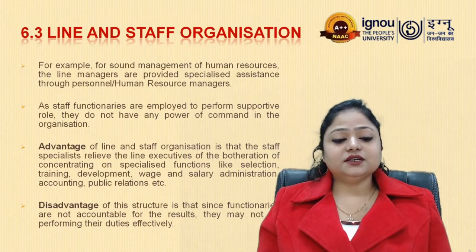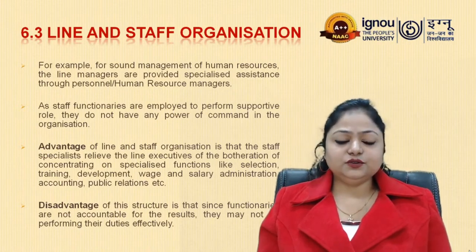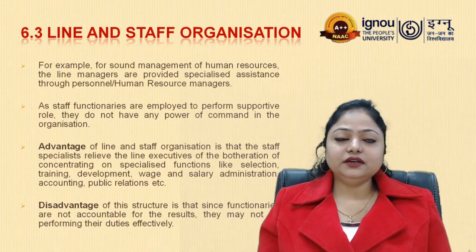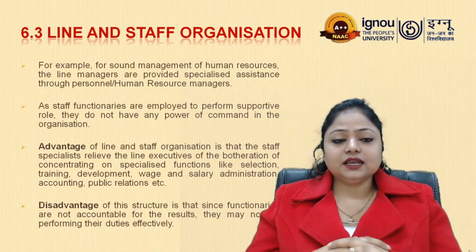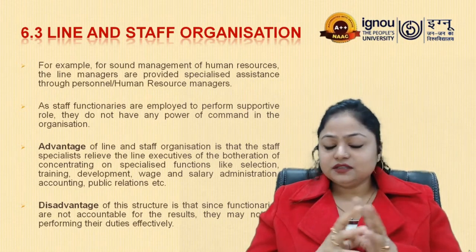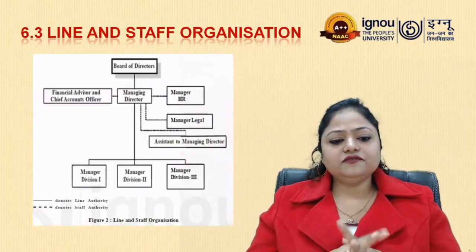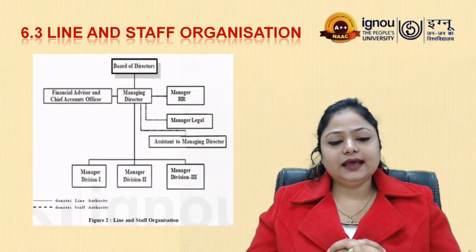Now, the disadvantage of this structure is that since staff functionaries are not accountable for the results, they may not perform their duties and tasks effectively, because they know that accountability for the success of the processes implemented does not rest upon them. So this is a kind of structure which is line and staff.